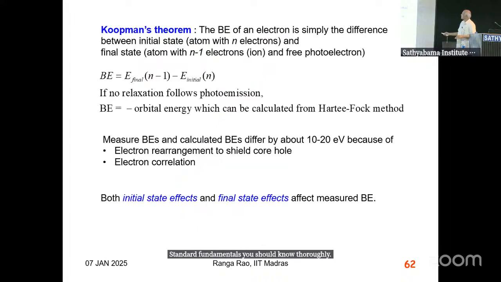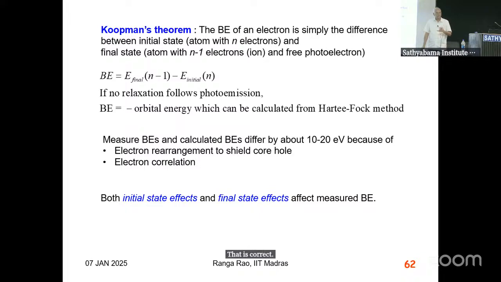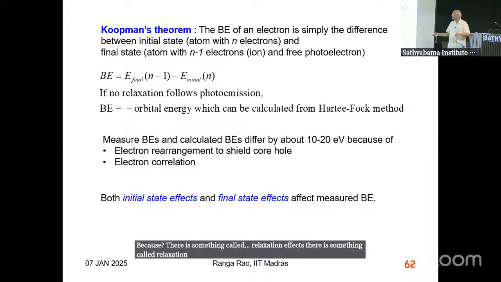Okay, there is a gentleman called Koopmans. What he said is that the binding energy of the electron is equal to the energy of the final state minus the energy of the initial state. That is correct, but that is also not correct, because there is something called relaxation effects. If there is no relaxation, this is correct.